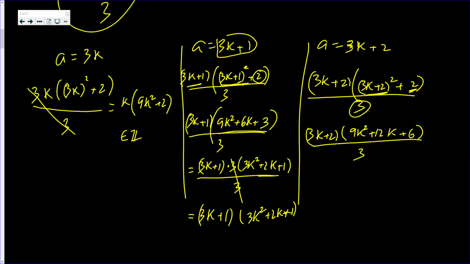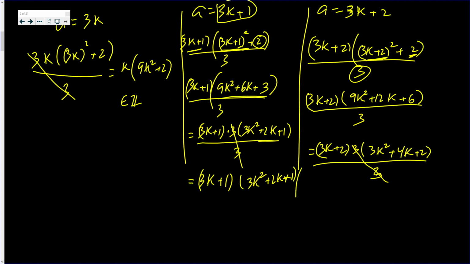Well, 3 certainly goes into the second factor. Goes in 3k squared plus 4k plus 2 times. And then when you do the division, the 3's cancel out, and you get 3k plus 2 times 3k squared plus 4k plus 2. k is an integer.